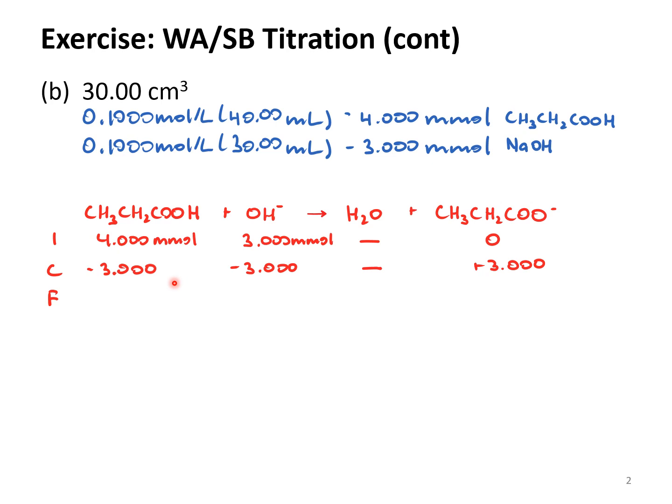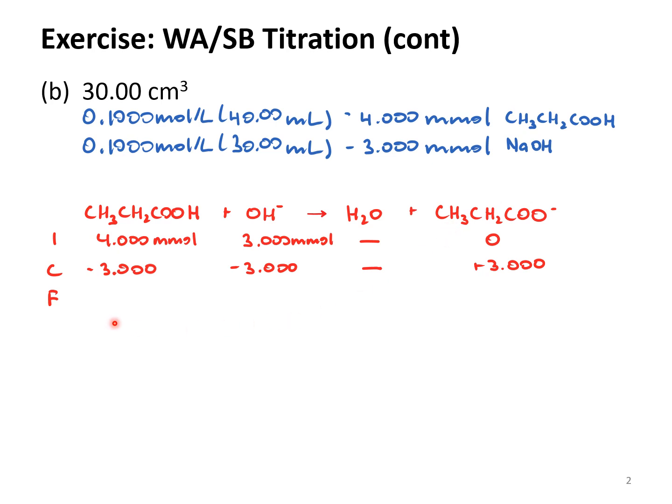For the reactants, it'll be minus 3 millimoles for both propanoic acid and hydroxide, since they react in a 1-to-1 ratio. And for the product, propanoate, it will be plus 3 millimoles, since 1 mole of propanoic acid produces 1 mole of propanoate.